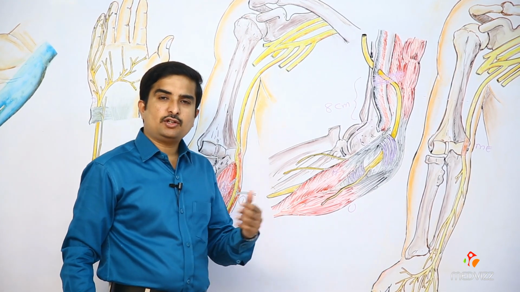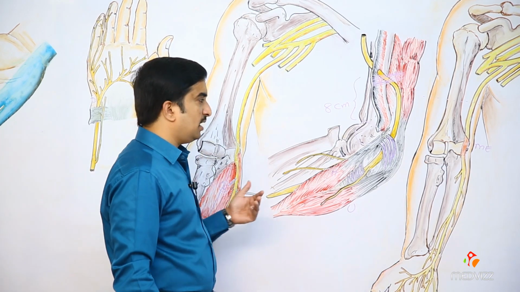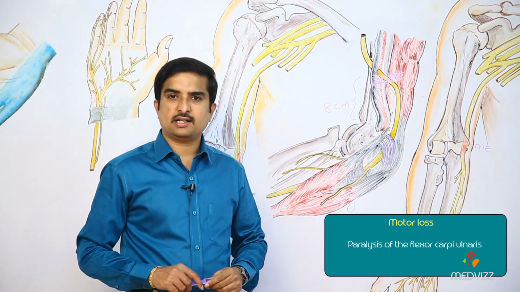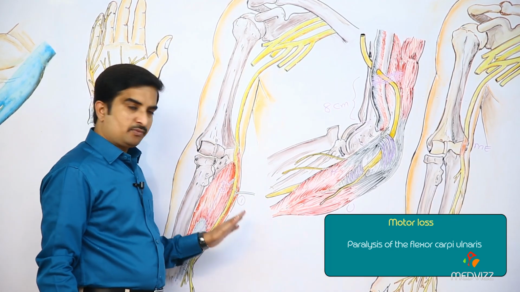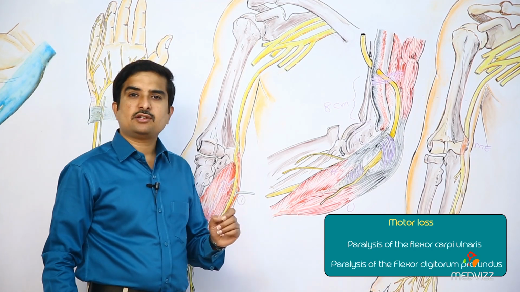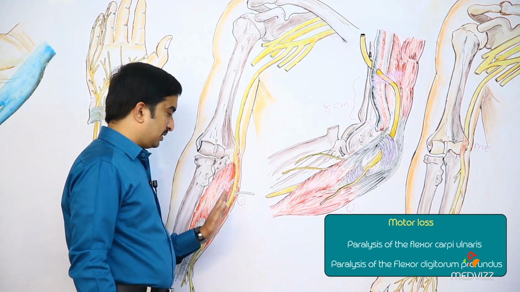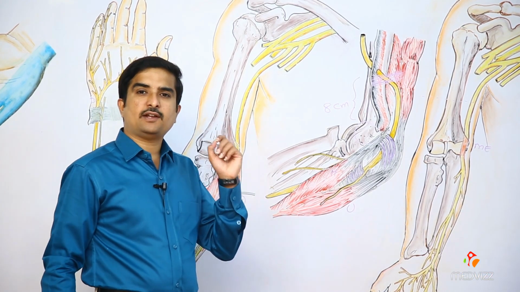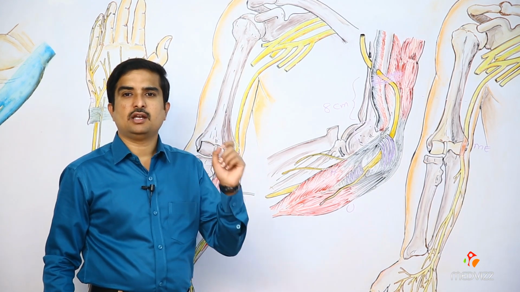When we talk about the motor problems, if there is an injury at the cubital tunnel, the function of the flexor carpi ulnaris is lost, and also the function of the flexor digitorum profundus, because its medial half is innervated by the ulnar nerve.